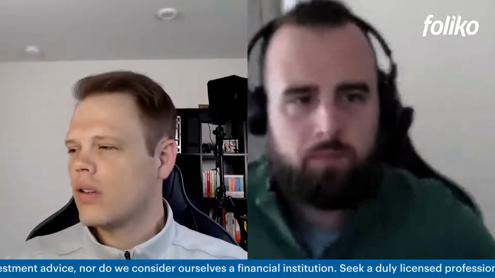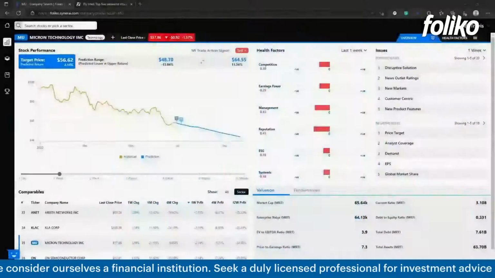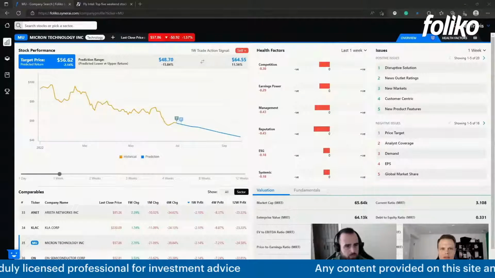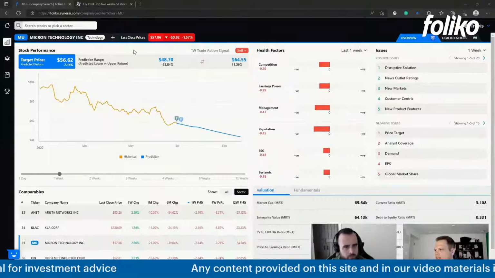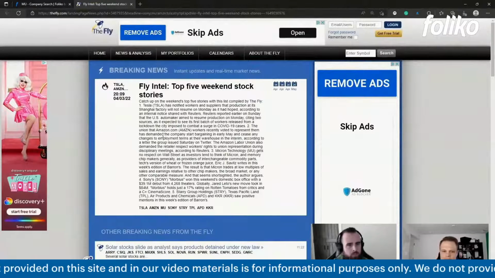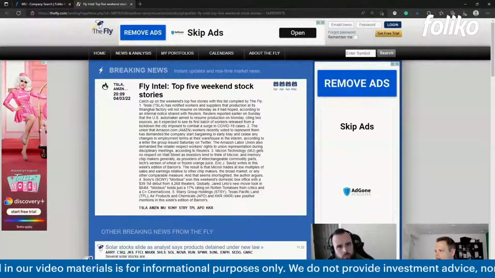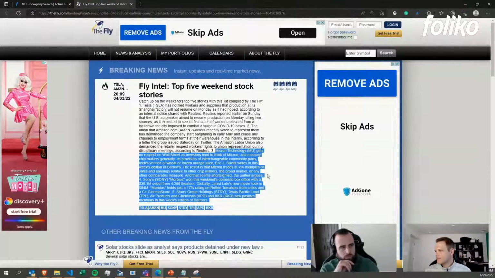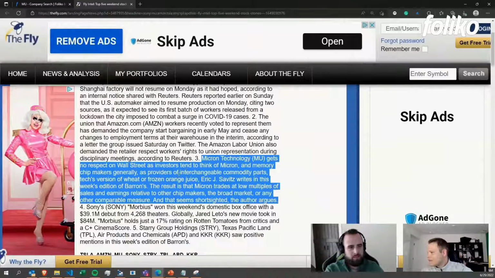Absolutely. So real quick, I want to go in and actually take a look at where these health scores are coming from. Let's go from the ground up. Let's say, for example, I'm reading a news article on The Fly, 5 weekend stock stories. And there's a company that I've been looking at a lot, Micron Technology.